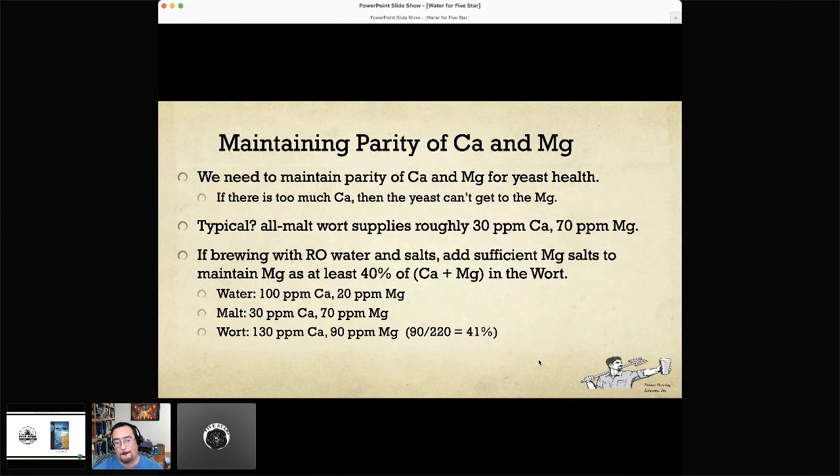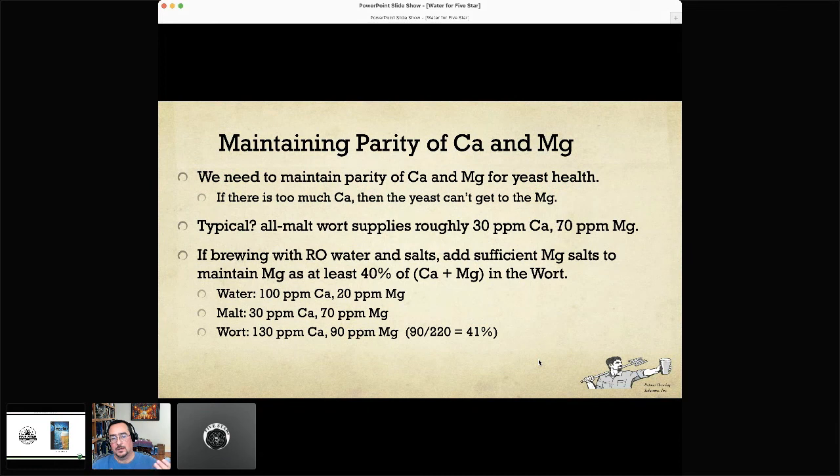Now, one thing that has taken more priority in recent years is our understanding of calcium and magnesium for yeast health. If we are brewing with reverse osmosis water and only adding calcium salts, the yeast will not be able to see the magnesium because of all the calcium that's in the way.